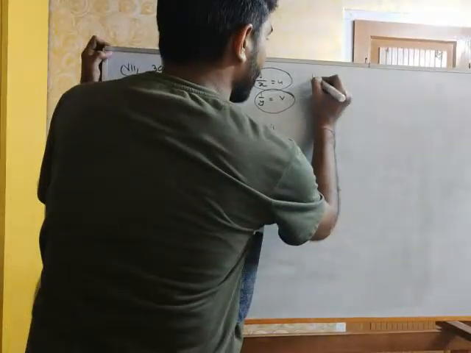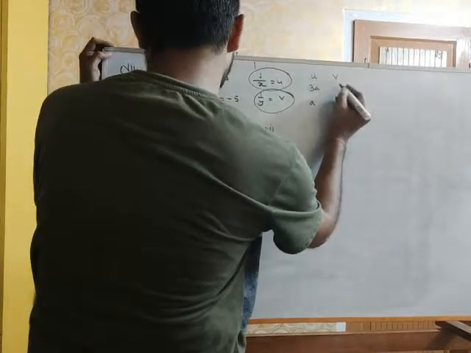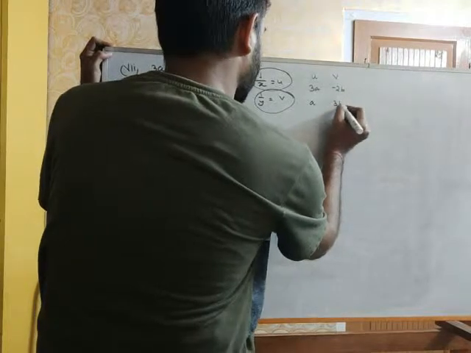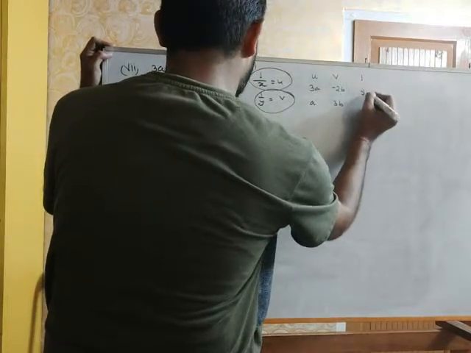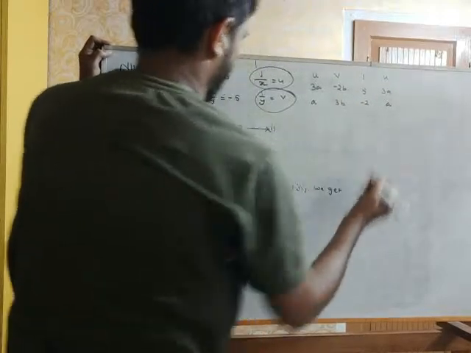Write it down. For u, the coefficient will be thrice a here, and here the coefficient of v will be -2b here and 3b. The constant term will be 5 here and -2. Again u will be thrice a and a.